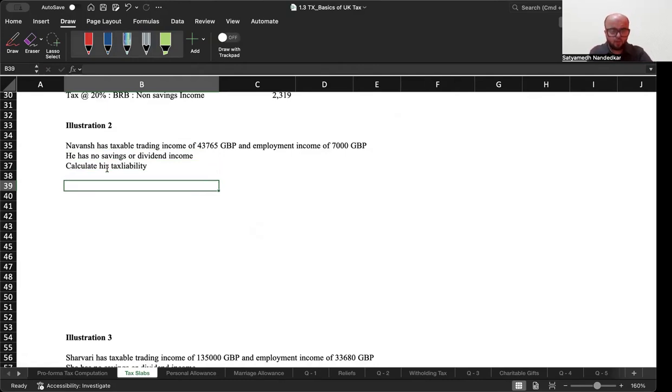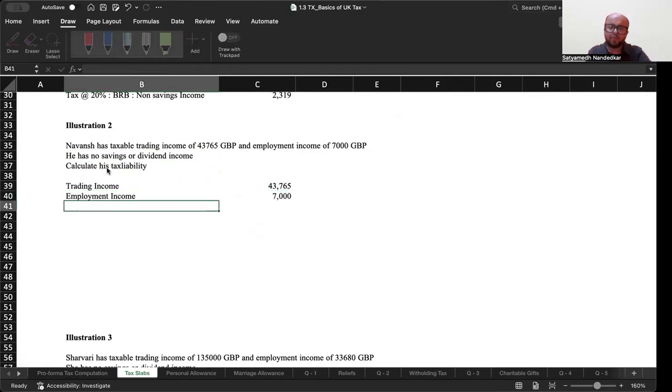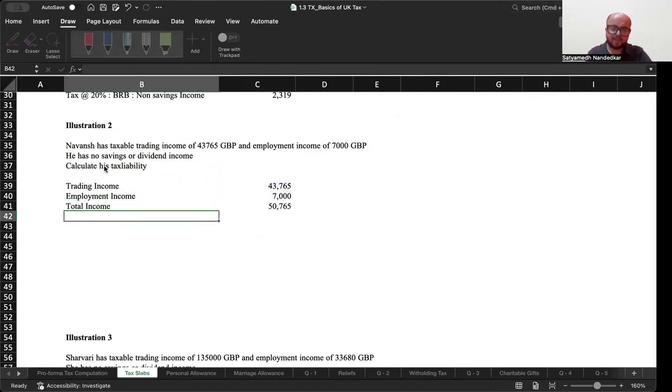So what all income has this person earned? He has earned trading income of 43,765 and he has had employment income of 7,000 pounds. Both of these are non-savings income. So this is his total income: 43,765 plus 7,000.